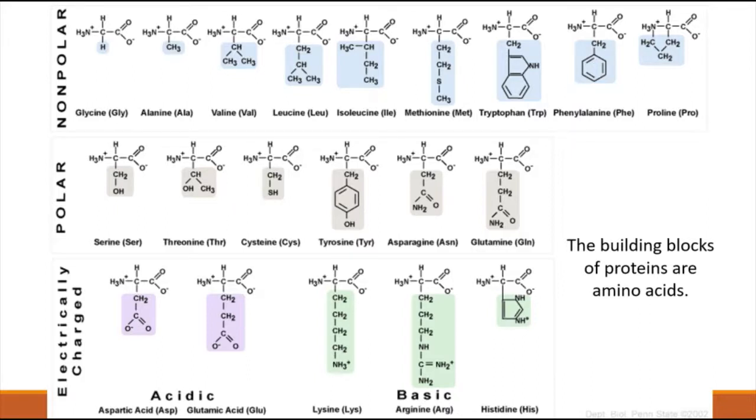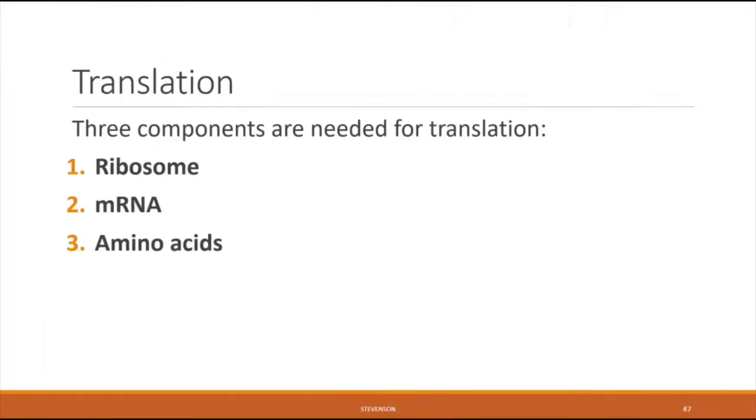Those are the 20 that you see here in this amino acid chart, and remember that they can be divided into groups based upon their chemistry. We have nonpolar amino acids that don't like to jive with water. We have polar amino acids that do like water. And then finally, we have both positively and negatively charged amino acids.